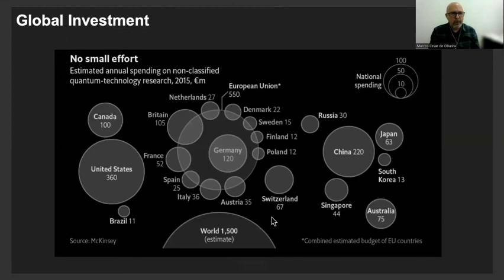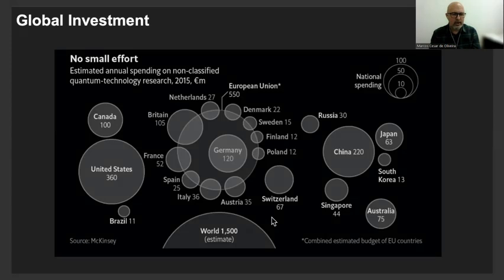Okay, so the global investment has changed during this time. For example, if we talk about 2015 in millions of euros, we see that the United States applied something around 360 million euros, while Canada applied some 100 million euros, and so on.